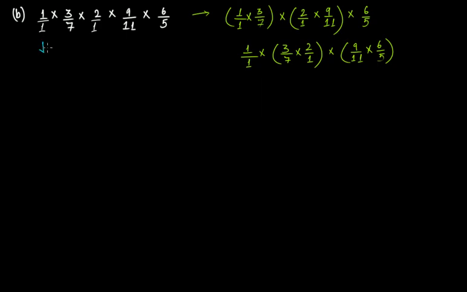But the much easier way is to simply multiply all the numerators together and then denominators together in one single shot.